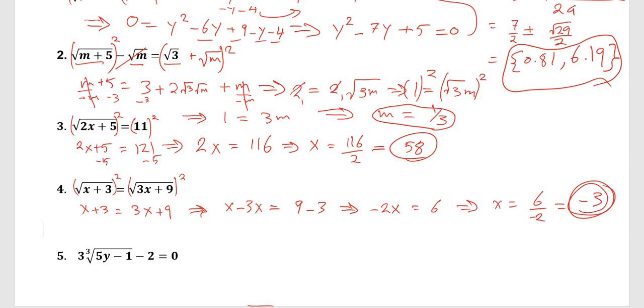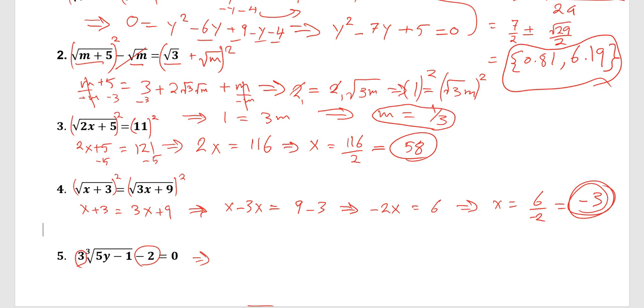Okay, last exercise. We have 3 times the cubic root of 5y minus 1, and then minus 2 equals 0. So first off, we want to bring this and this to the right-hand side, so we can isolate the root.